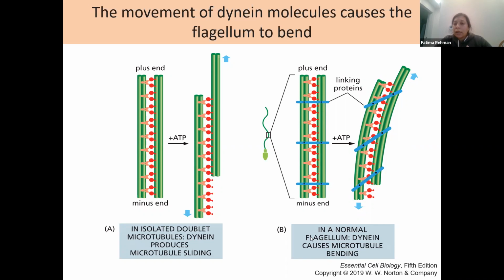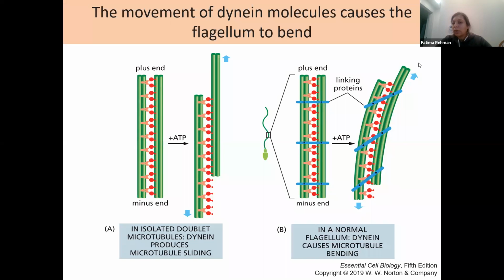On the other hand, when you are looking at the entire structure of the microtubule, they not only slide against each other, but they also move from side to side. So in a flagellum, the dynein molecules will move at different rates in different parts of that microtubule from the plus to the minus end, causing it to bend to one side or the other, depending on the current or the movement of that cell at that time.